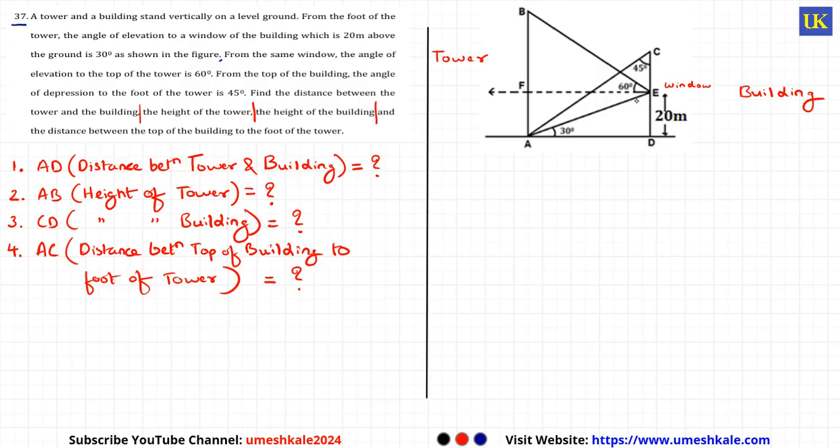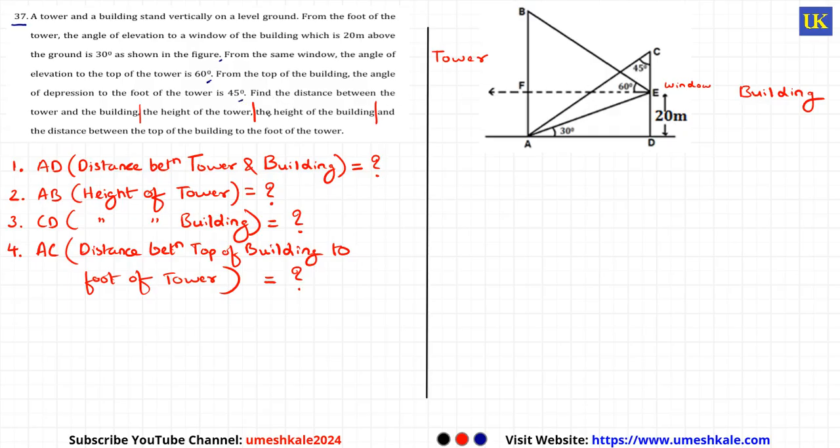So from the window to the top of the tower, the elevation is 60 degrees. From the top of the building, the angle of depression to the foot of the tower is 45 degrees. So from the top of the building to the foot of the tower, the depression angle is 45 degrees.